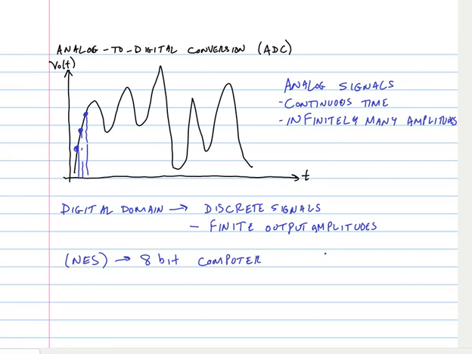With an 8-bit computer, we can represent 2 to the 8 discrete levels, or 2 to the 8 is equal to 256 discrete levels. So you can imagine that instead of dividing this nice smooth black curve up into infinitely many levels, you could only divide it up into 256 different levels.